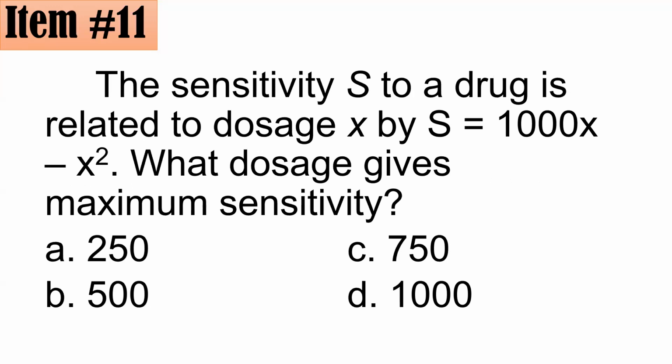Take note po ha, yung dosage, yan po yung X. Sensitivity is S. So again, this is a quadratic equation that opens downward. So meron pong maximum value ito. That's why you have your maximum sensitivity.